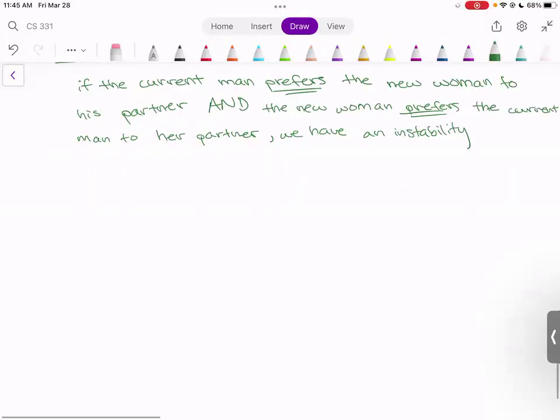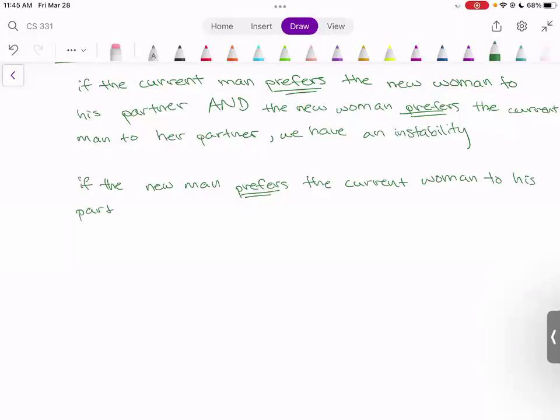And the same goes for the new man. If the new man prefers the current woman to his partner, and both have to be true, the current woman prefers the new man, right?